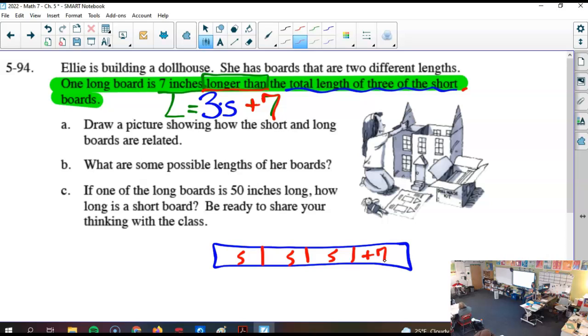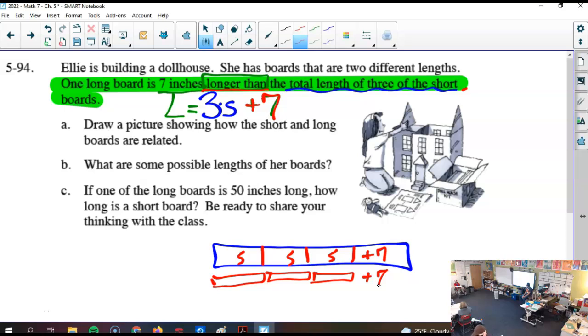It could be as simple as this. I just did 3 dashes for the super long line, and then put plus 7. Or we could show the individual short boards. You could also do it like that, right? You can do a lot of things.